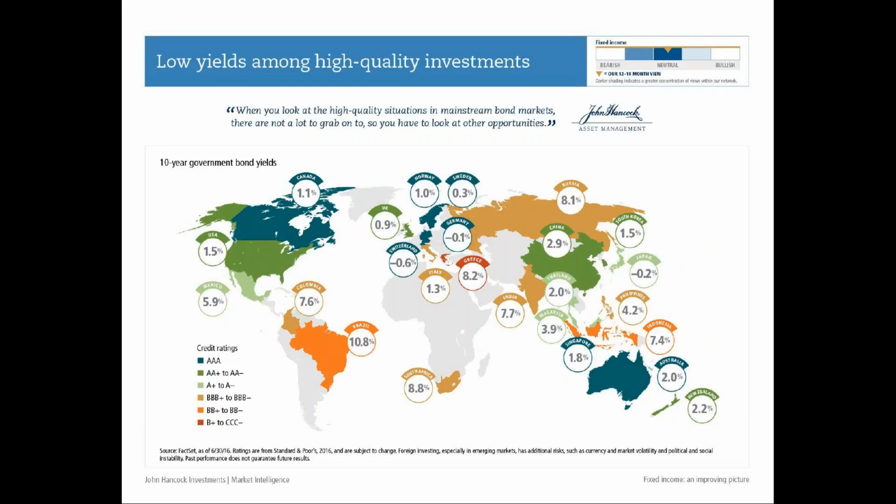AAA is the best you can be, and on this, B is the lowest. You could be below B, but we're not going to go there. So what you can see is that there are places where there is yield. Brazil, a 10% yield. Russia, 8%. You could go to Greece and you could invest and get probably an 8% yield.